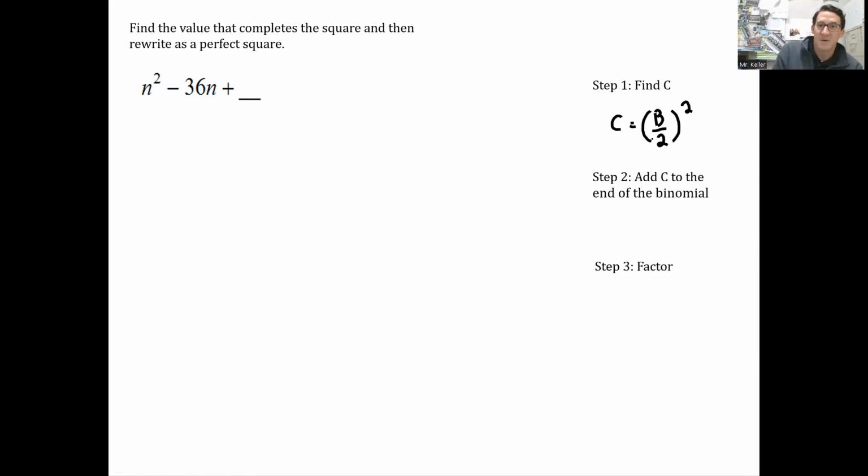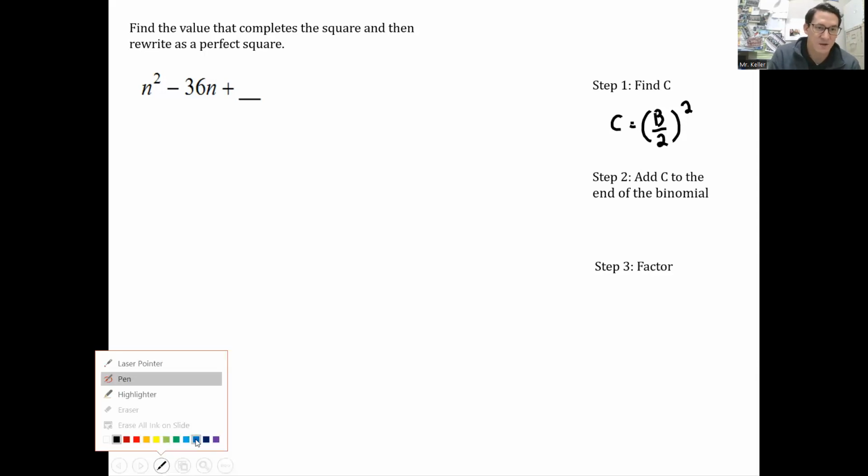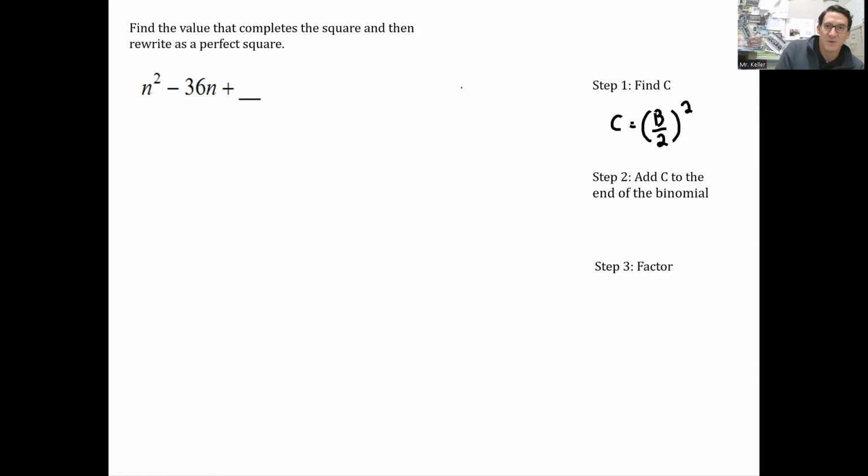To find the C value, you're going to do this here. C is equal to B divided by 2, squared. So I'm going to do that off to the side here. C is equal to B divided by 2, and B is negative 36, over 2, squared. Negative 36 divided by 2 is negative 18, squared.